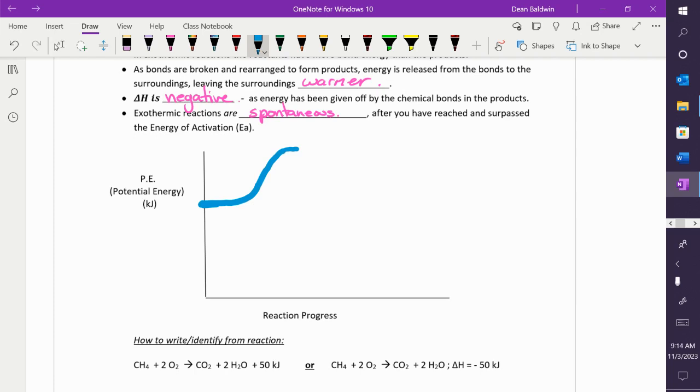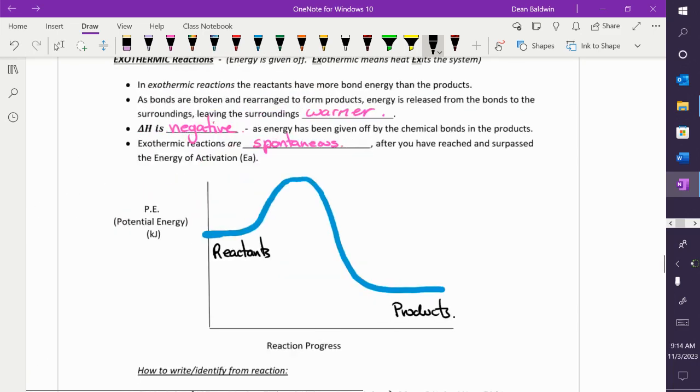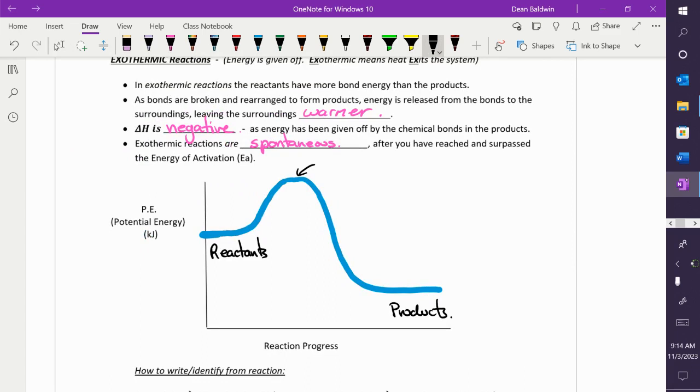You get more energy coming out, so you fall down here to the products. So here are your reactants, here are your products. Again, this is the activated complex here.